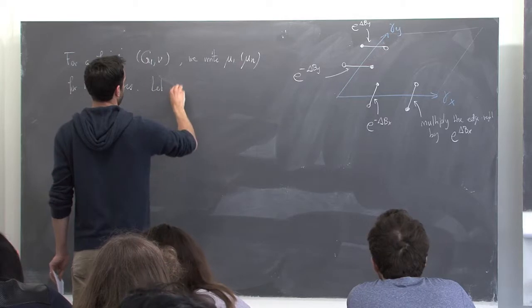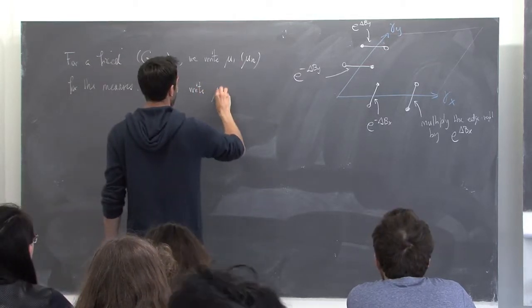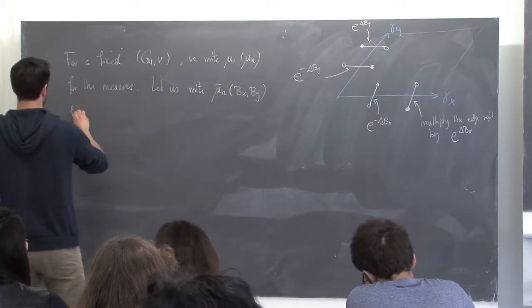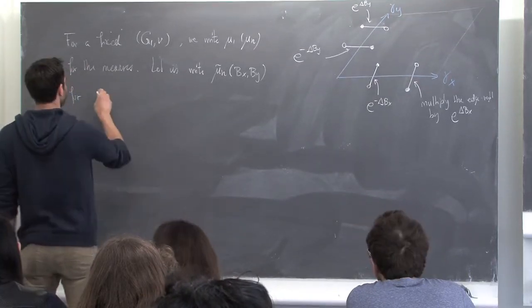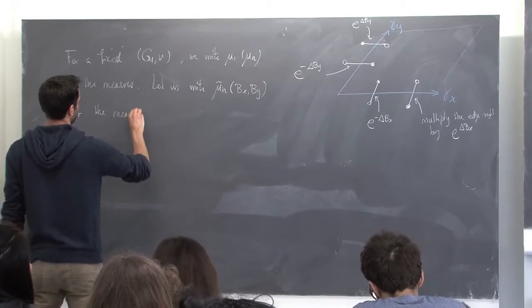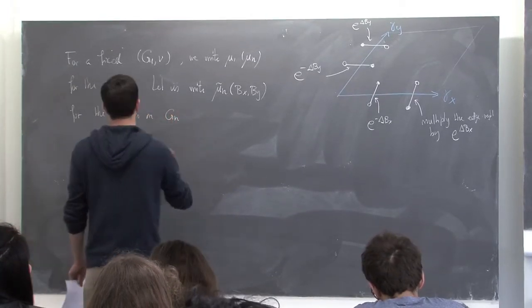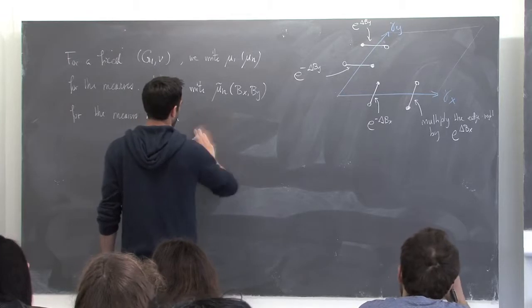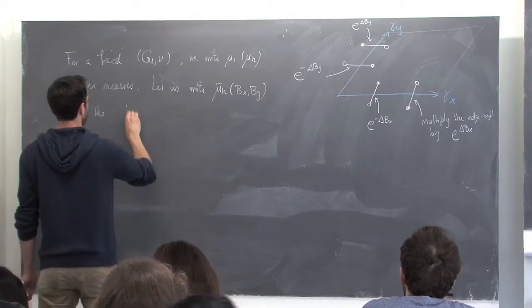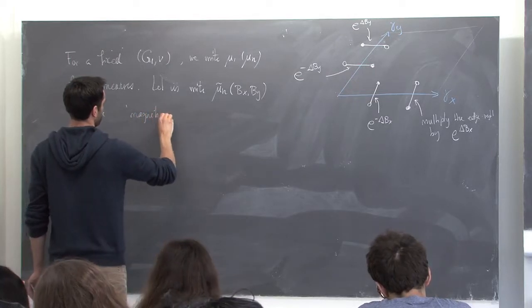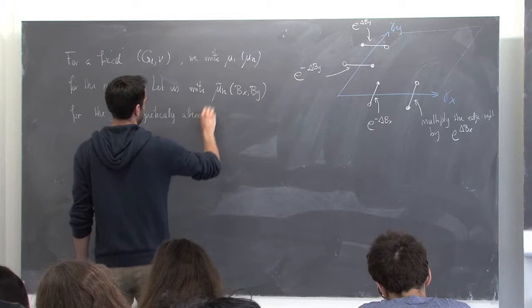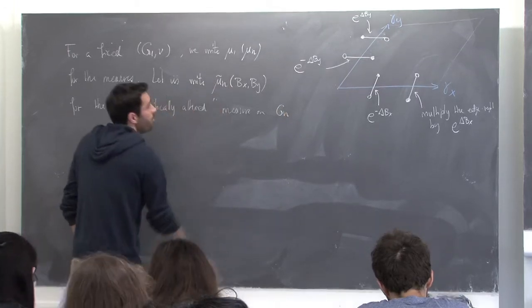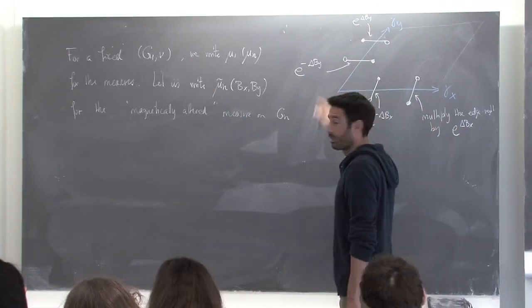And let us write then mu n tilde Bx By for the measure on Gn, for the magnetically altered measure, meaning we did this with Bx and By.